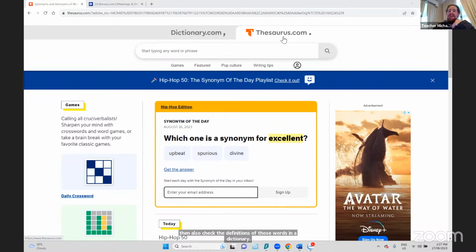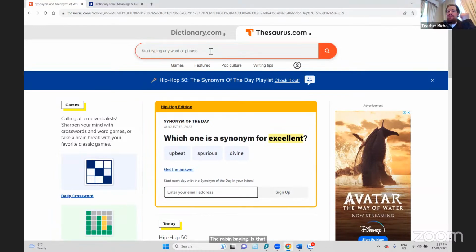The reason being is that, yes, when you use a thesaurus, you get a great list of words that you could use instead of a less formal word, but each of those words has a slightly different meaning, and that slightly different meaning can change the meaning of the whole sentence that it's included in.